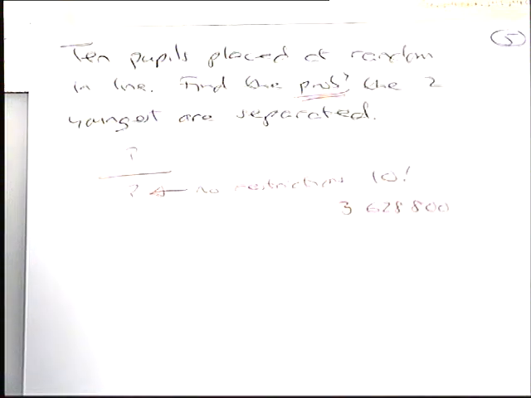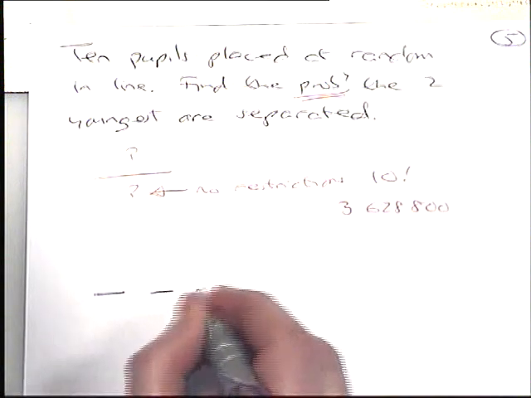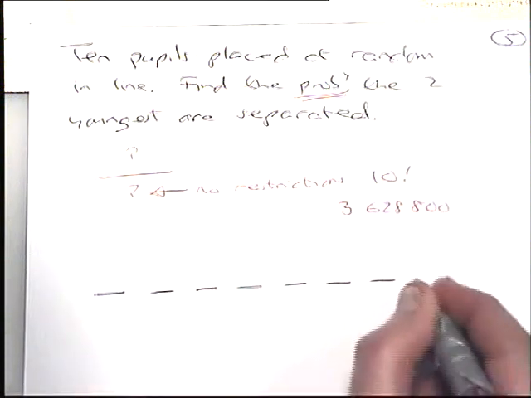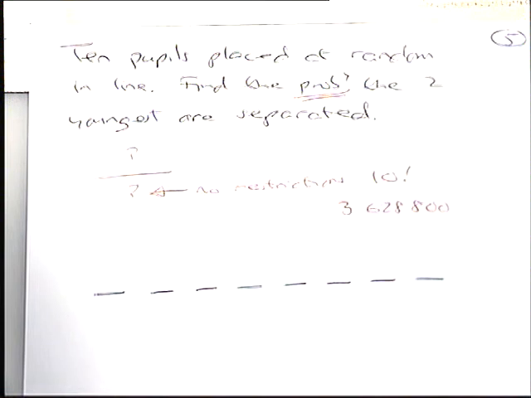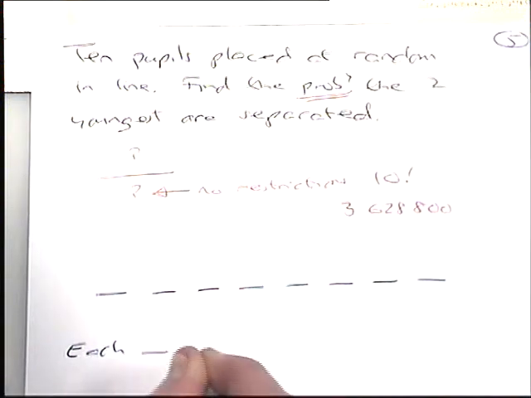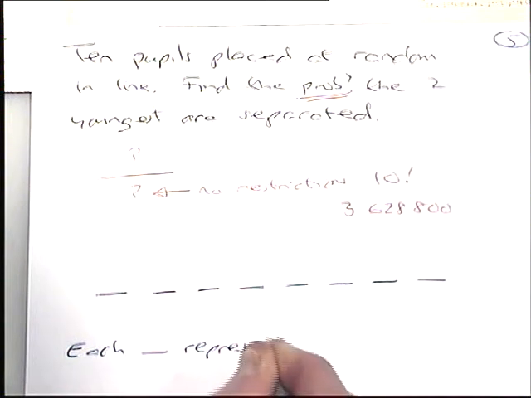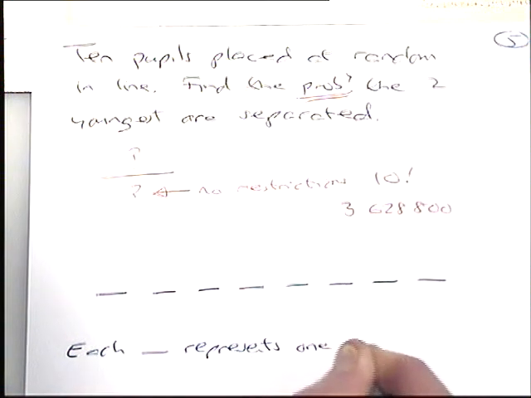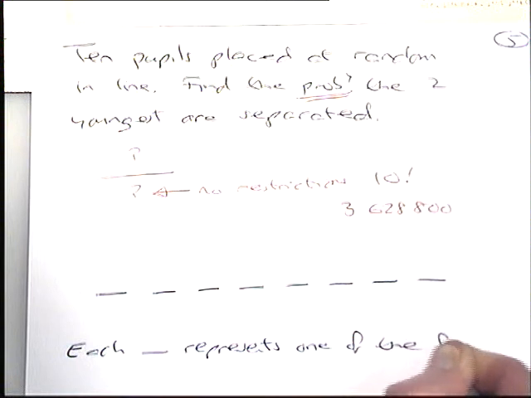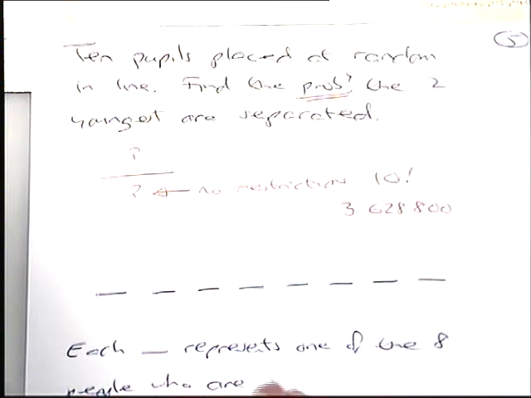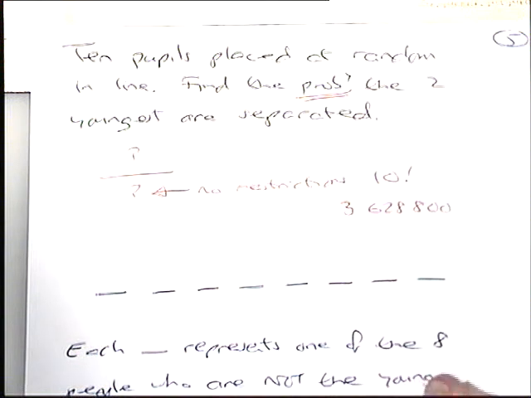What I'm going to draw so far is 8 dashes with spaces between them. There are 8 dashes there. Each dash represents one of the 8 people who are not the youngest 2.